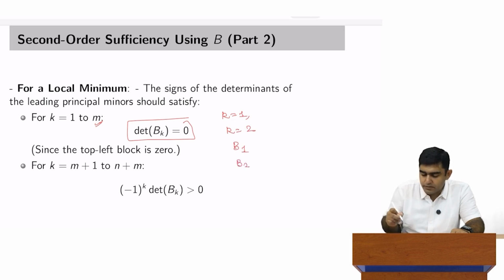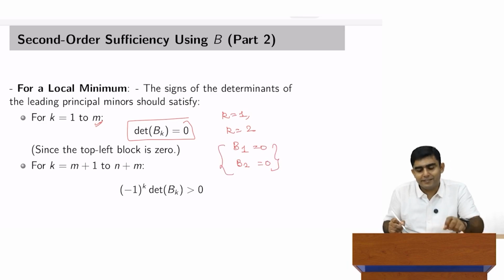So, first minor, second minor, and they have to be equal to 0, which would certainly be the case because we are padding this matrix with the zeros to make sure that it remains a square matrix.